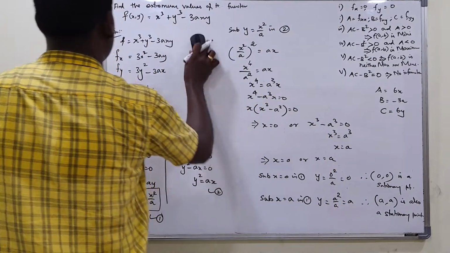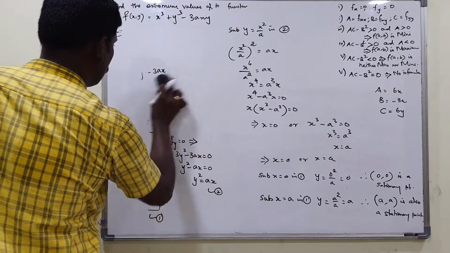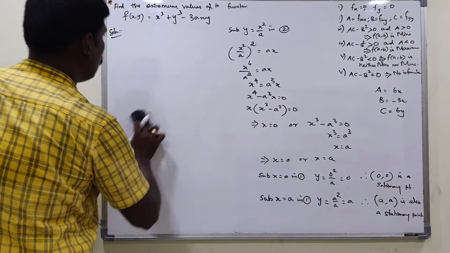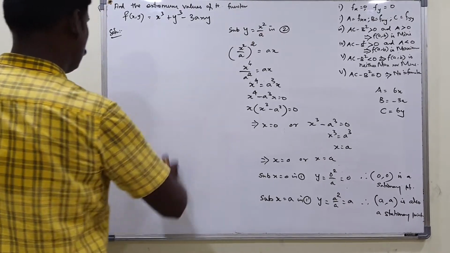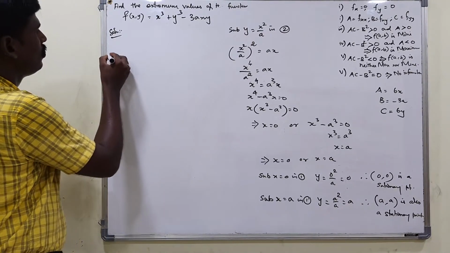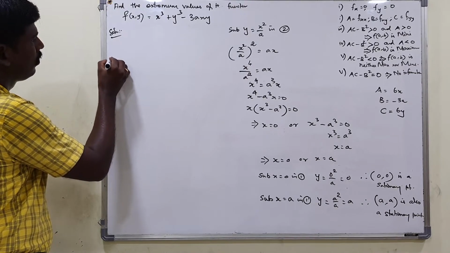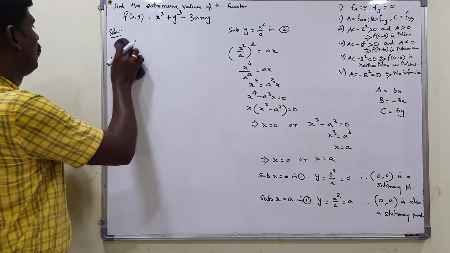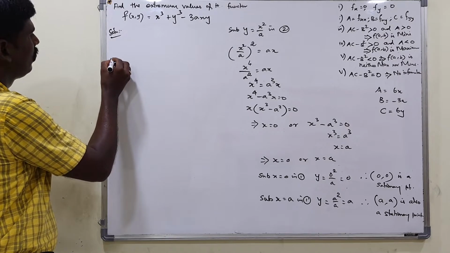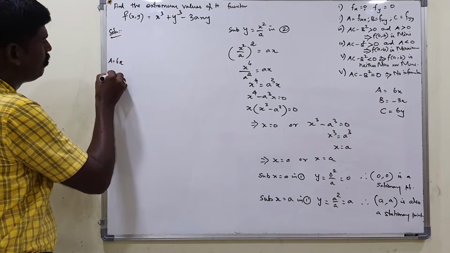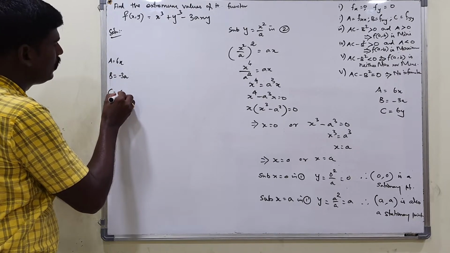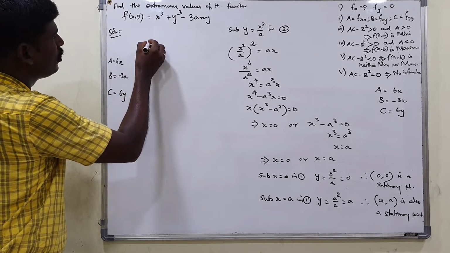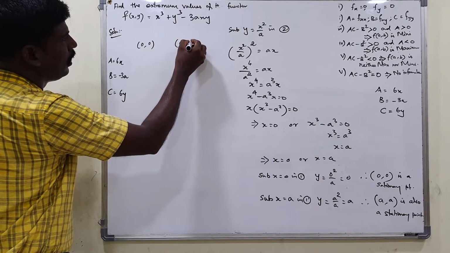So what is A? 6x. What is B? Minus 3a. What is C? 6y. At the points (0, 0) and (a, a).